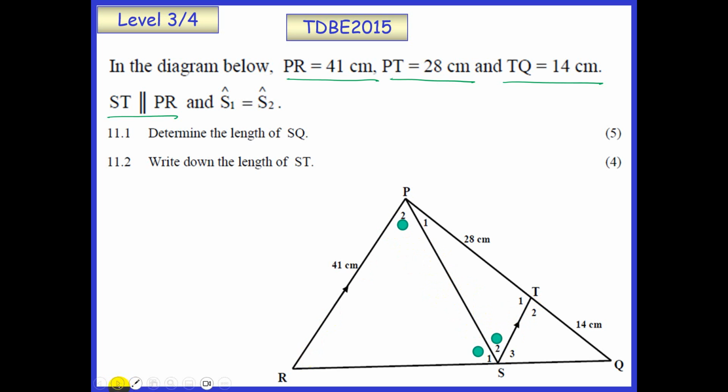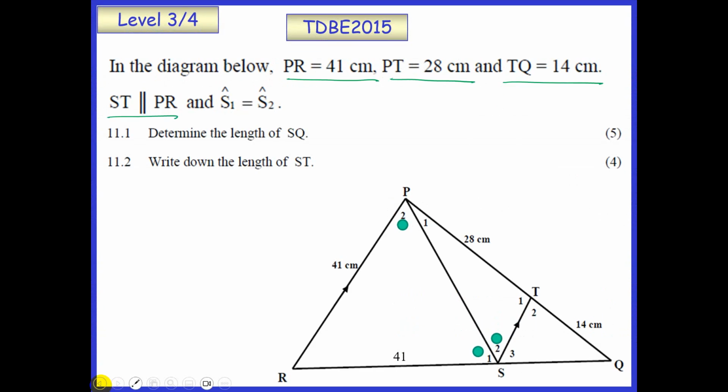From there, we can now conclude that SR is equal to PR. And the reason why SR will be equal to PR, we have sides opposite equal angles. In other words, we are seeing an isosceles triangle. So we can conclude now that SR is equal to PR, which is 41. So from there, we now can implement.